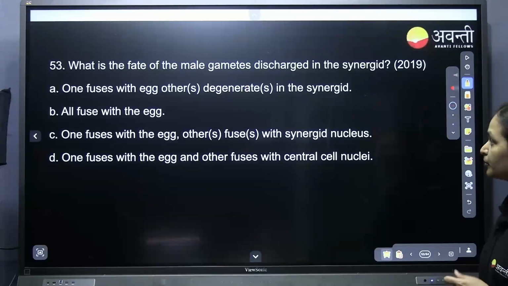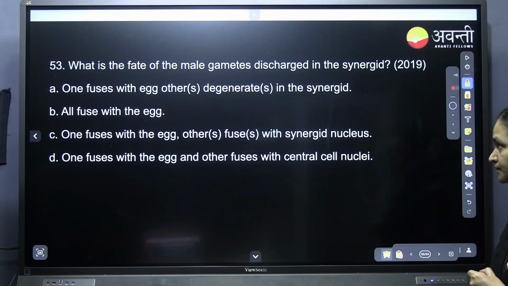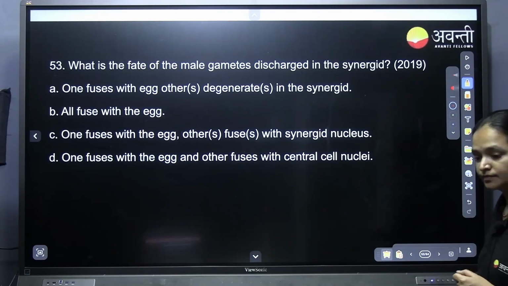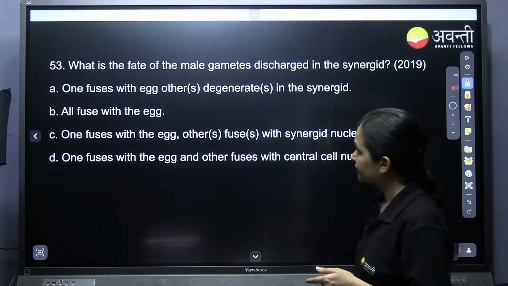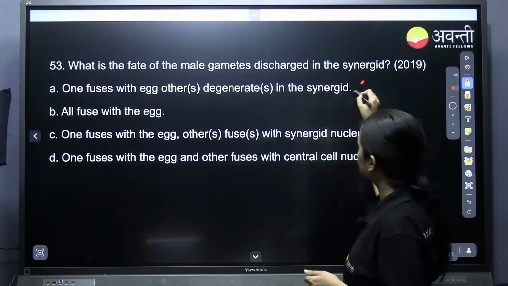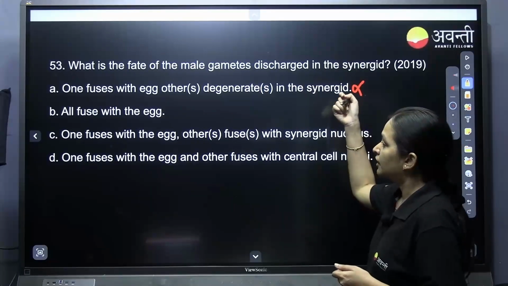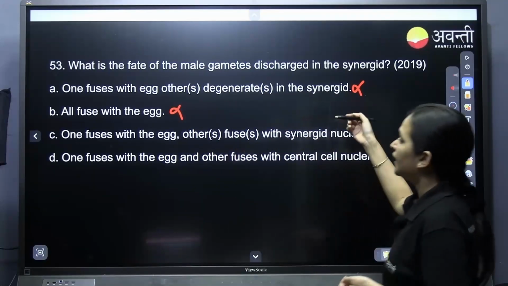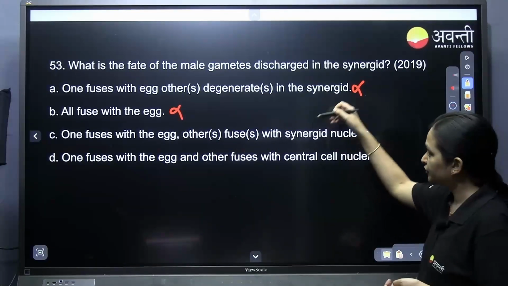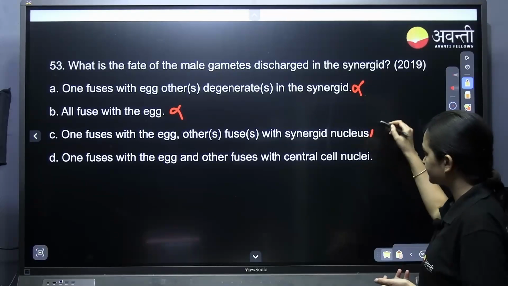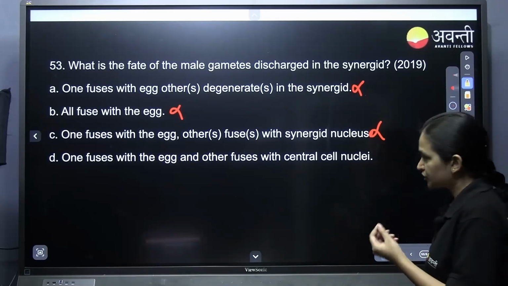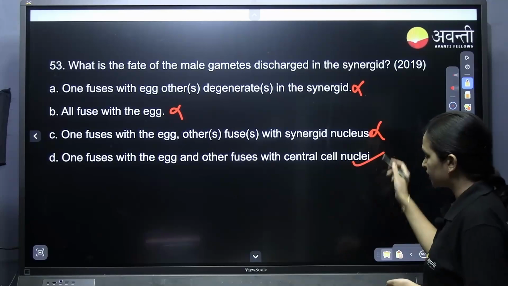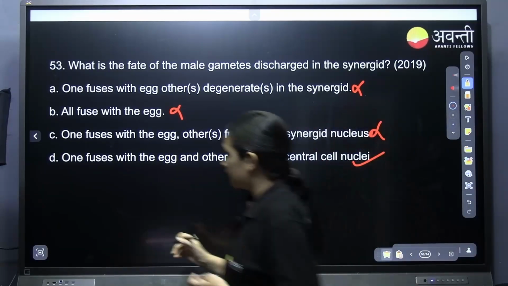What is the fate of male gametes discharged in the synergid? One fuses with the egg, another degenerates? No. All fuse with the egg? How can that happen? No. One fuses with the egg, other fuses with the synergid nucleus? No. One fuses with the egg and another fuses with the central nuclei. True.